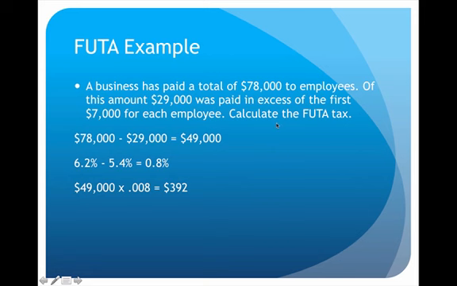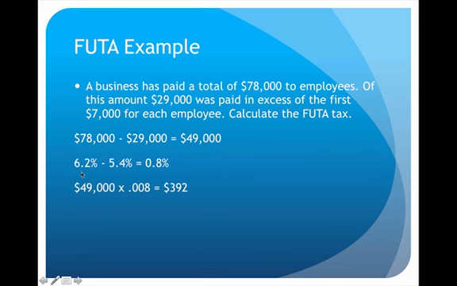So the first thing we need to do is come up with a tax basis. We've paid out a total of $78,000 in pay, but $29,000 of that exceeds the $7,000 per employee. So we will deduct that, and that leaves us with $49,000. So that will actually be our basis.